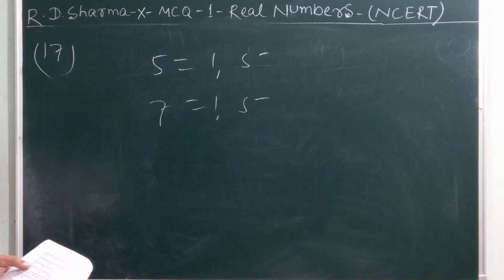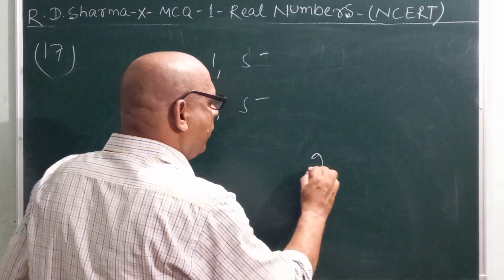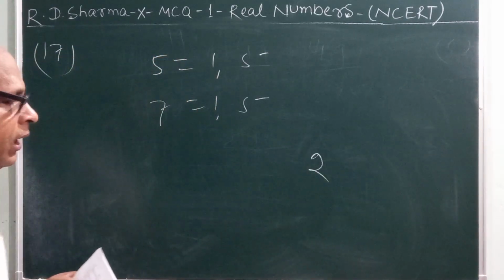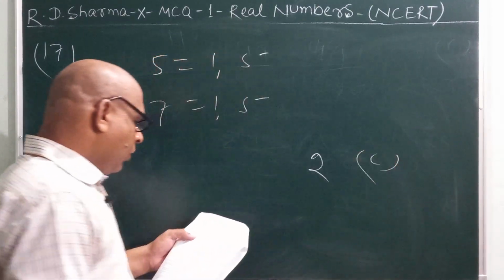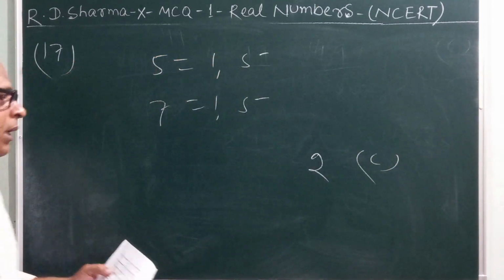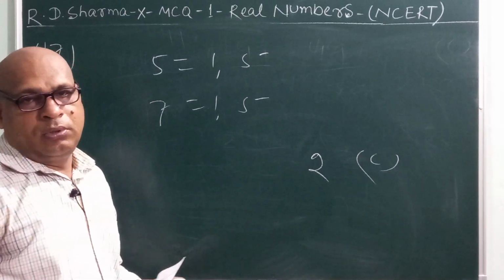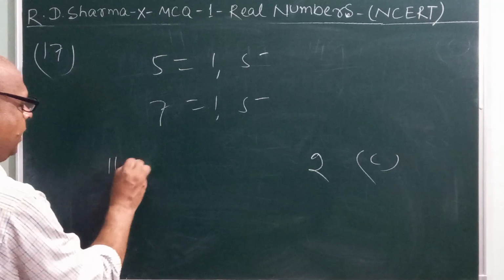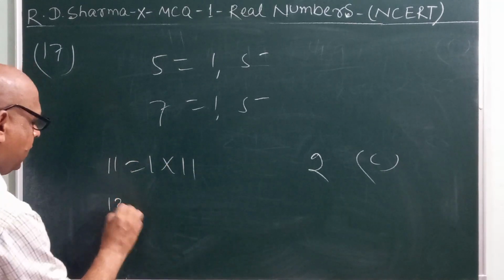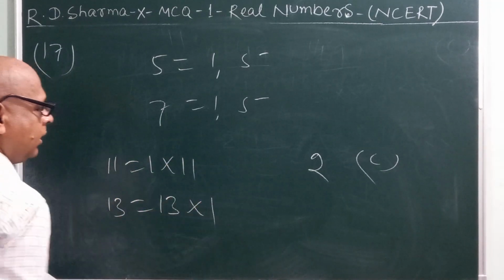The number of factors of a prime number is 2, 1 and itself. Question 17, see the right answer. 11 is 1 into 11, and 13 is 13 into 1.